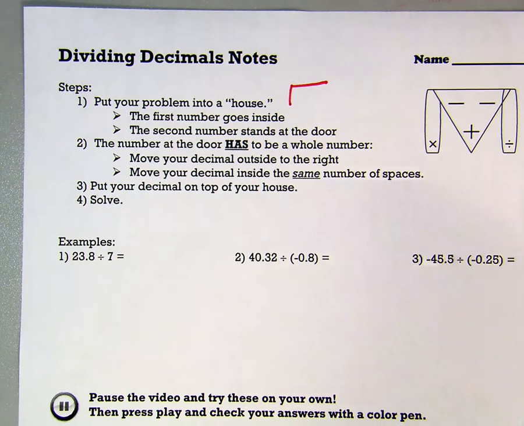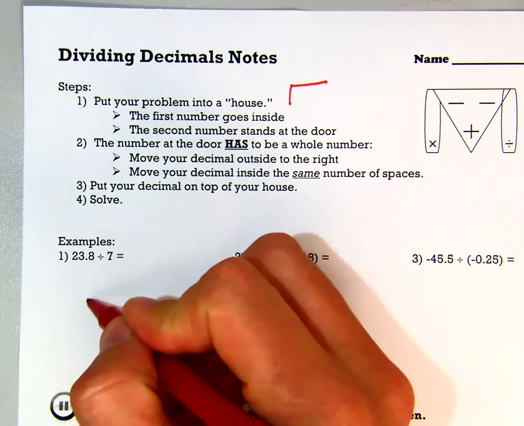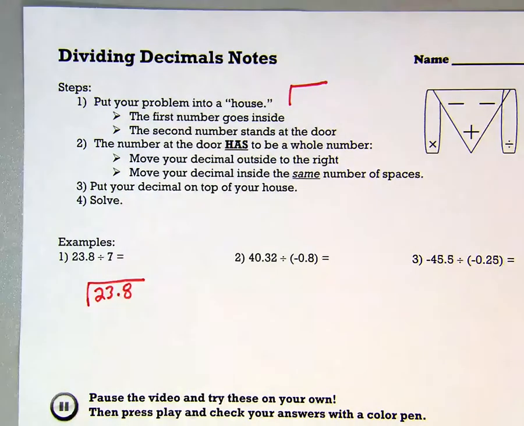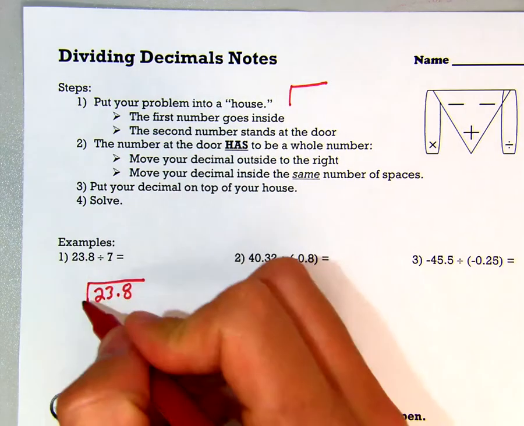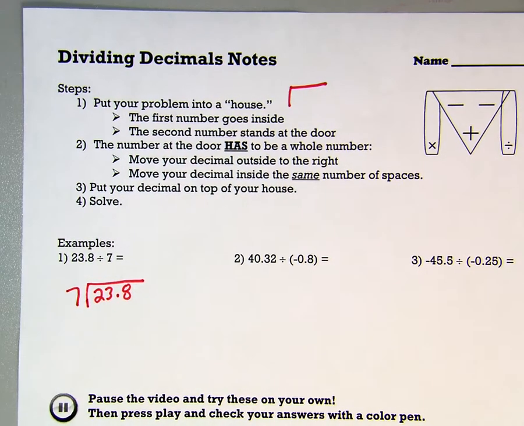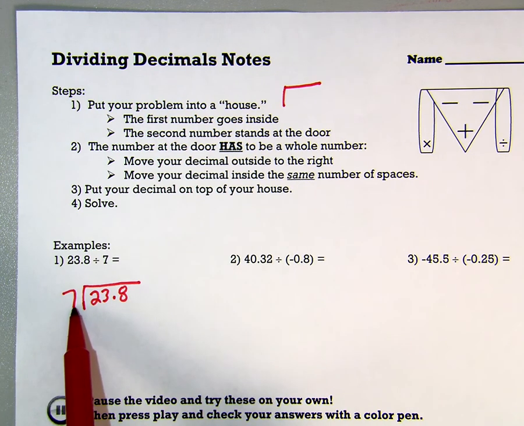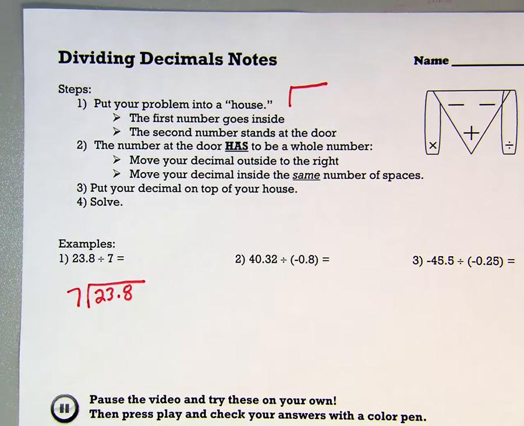My first number goes inside of my house, so 23.8. Second number goes on the outside. As long as the number outside of the house at the door is a whole number, I don't have to move any decimal points. So in this problem, I'm not going to move any decimal points.